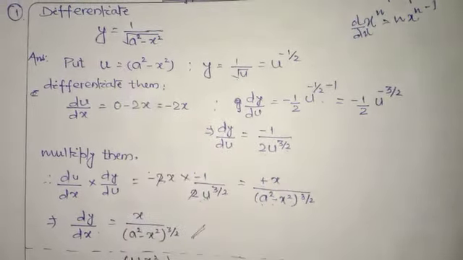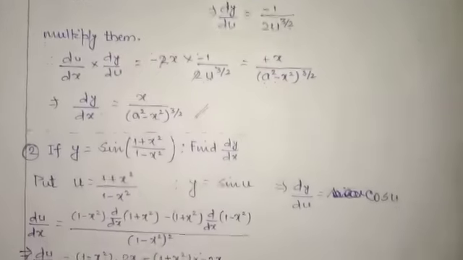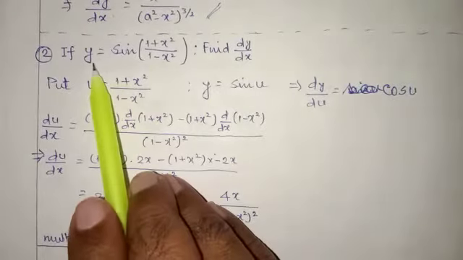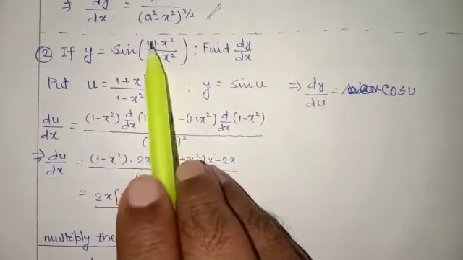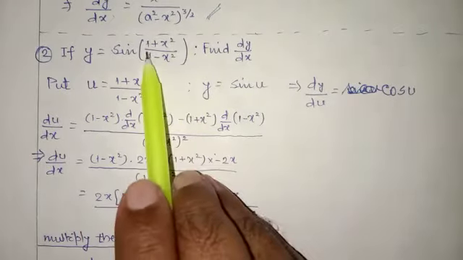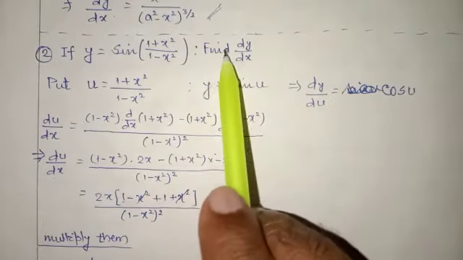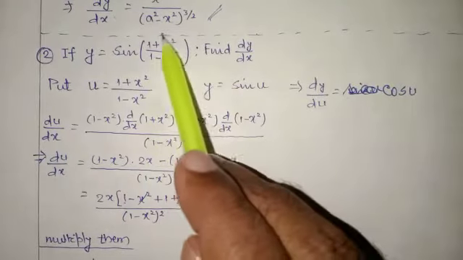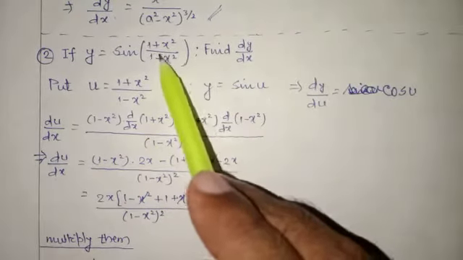Now see another question. See here, if y is equal to sine of 1 plus x square upon 1 minus x square, then find dy by dx. See here, the angle of sine is complex, not a simple angle like theta.